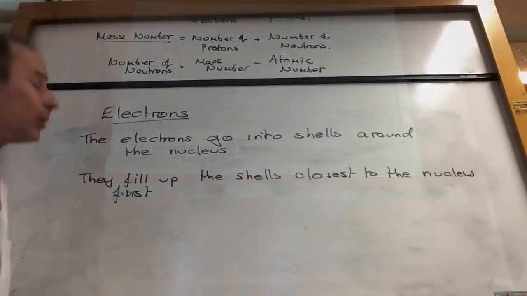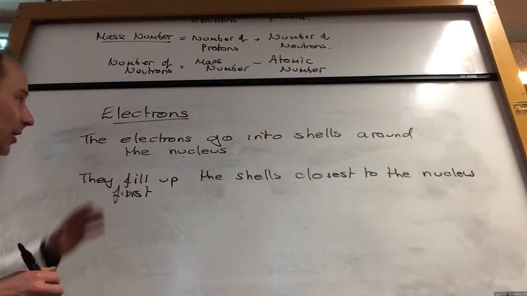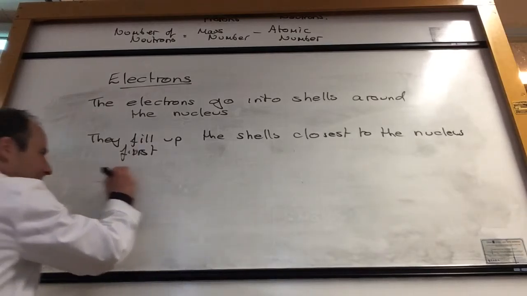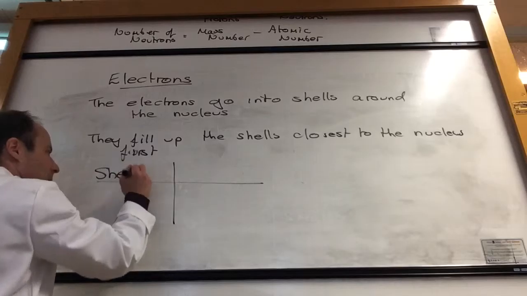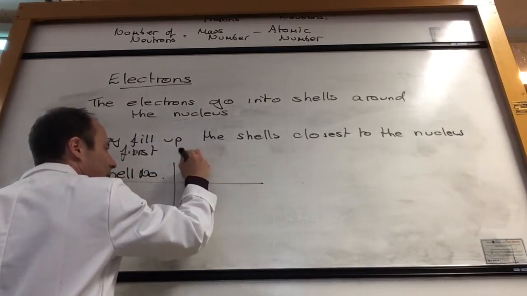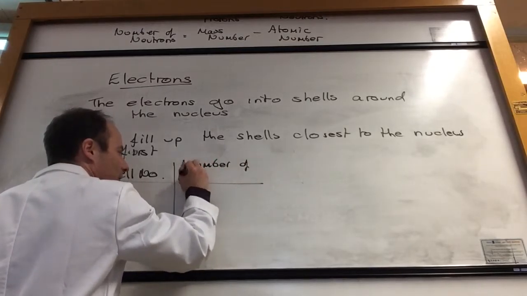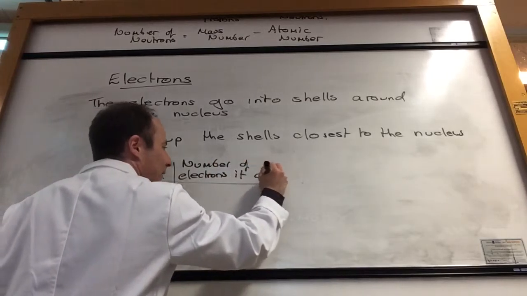Okay, cool. So for the electrons, they don't just go randomly around the nucleus. They're in specific shells. So what we're going to do is we'll do a little table. So we'll do shell number and number of electrons it can hold.